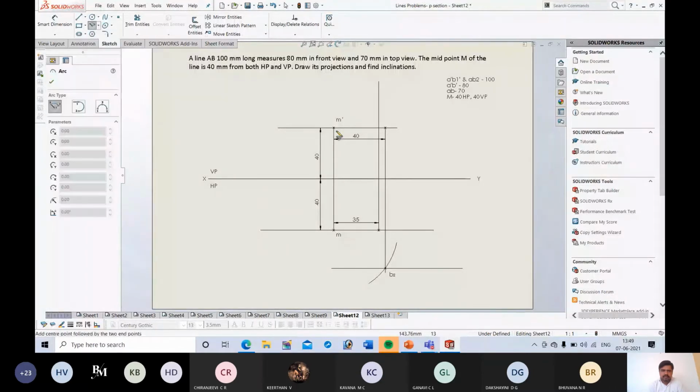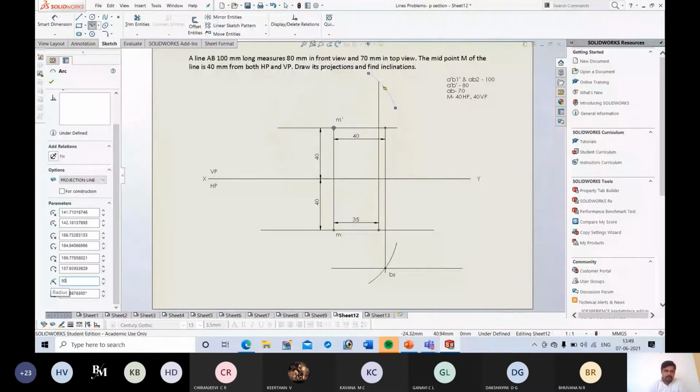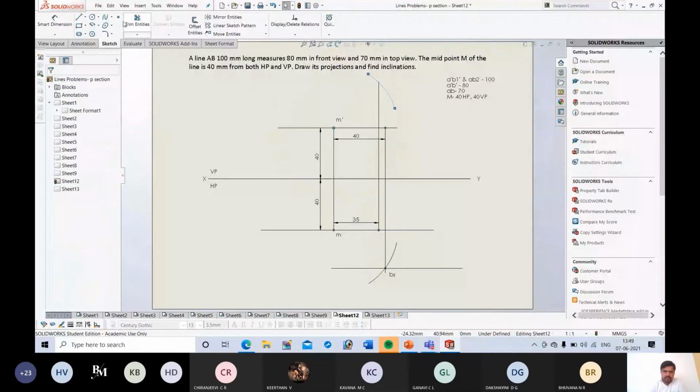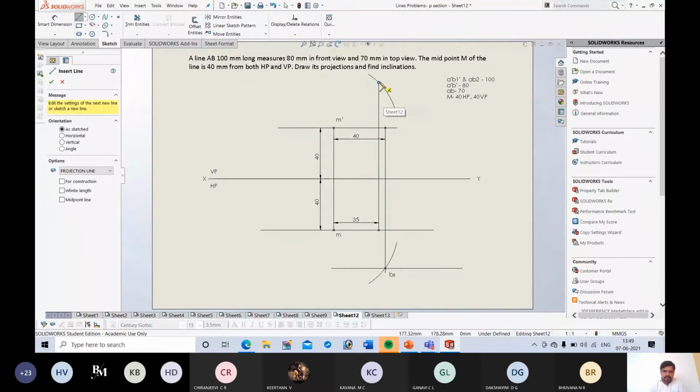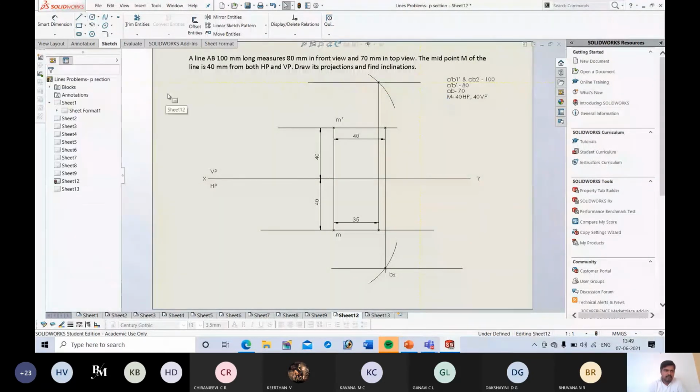So I will draw an arc, 50. Next, I will consider this point and draw the locus. Now this point is B1 dash.